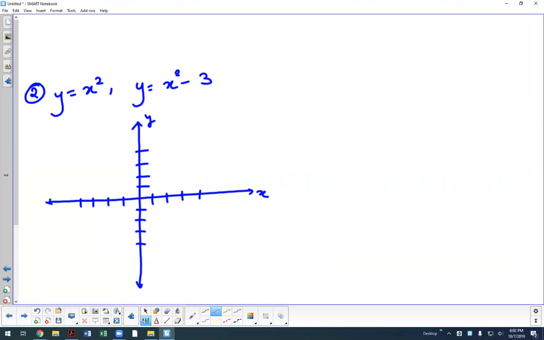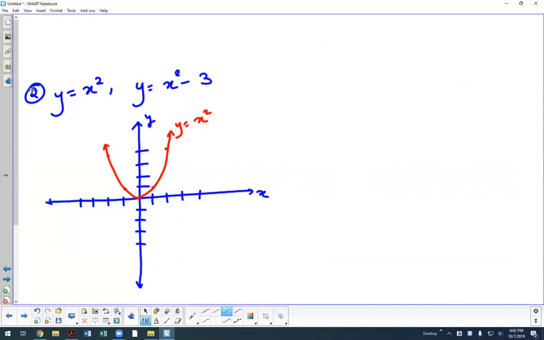So our base function is 0, 0, 1, 1, 2, 4, -1, 1, and then -2, 4. Since we're not using function definitions here, just make sure you're writing y equals x squared to label your function in this case.